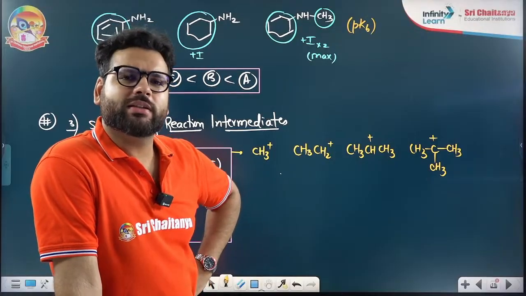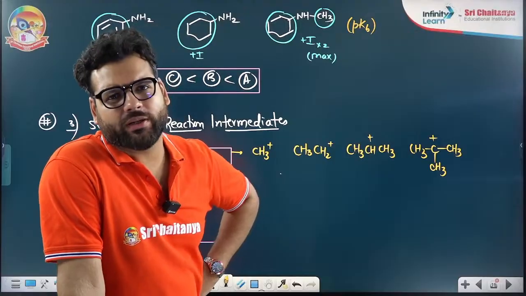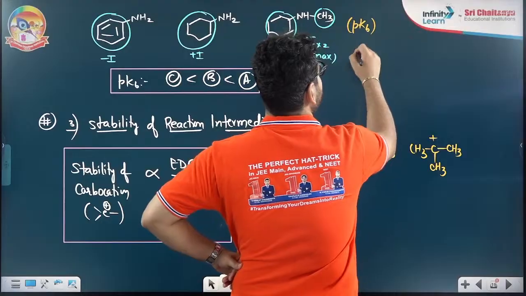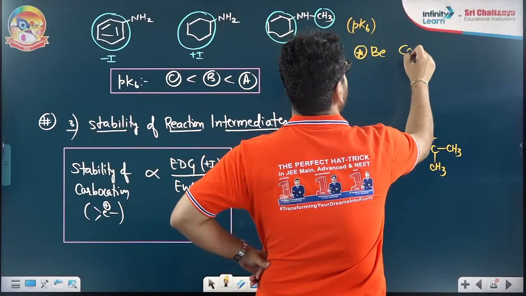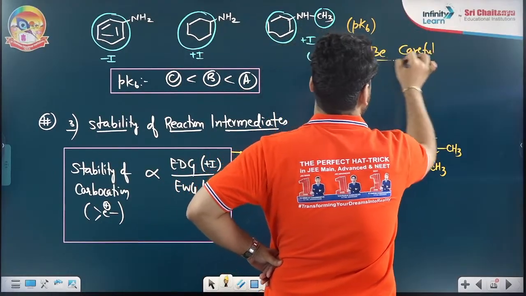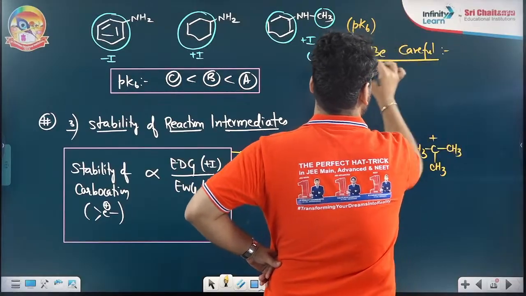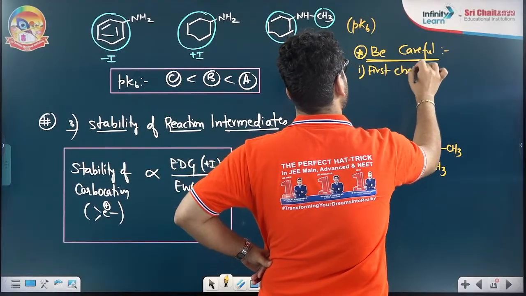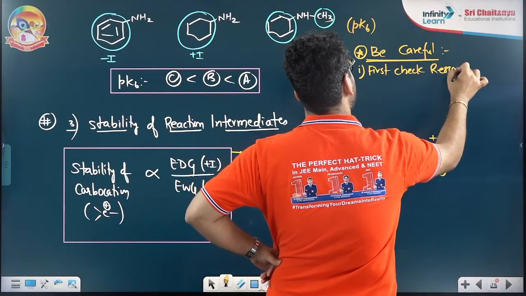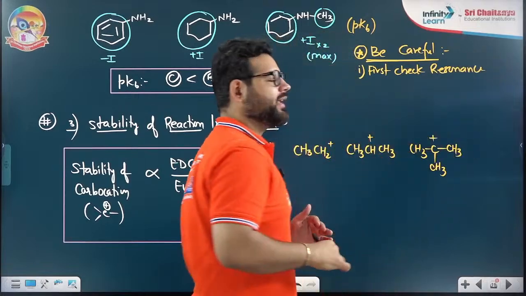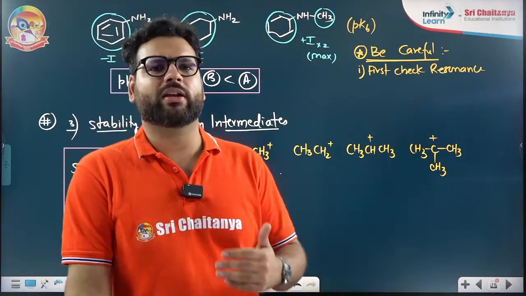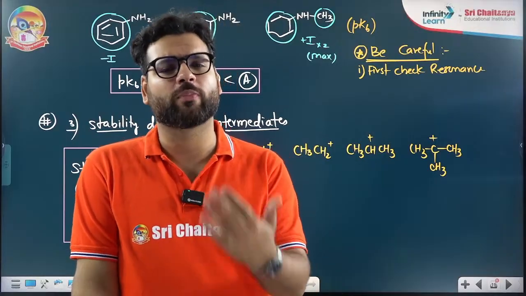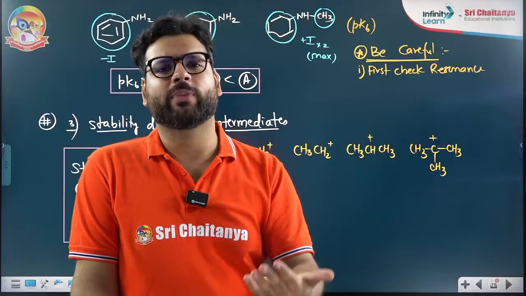But whenever you check the stability of carbocation, as a habit, don't check the inductive effect first. Be careful. Number 1, first check resonance. If any carbocation is undergoing resonance, with a pi bond or a lone pair, then that will be a much better carbocation.